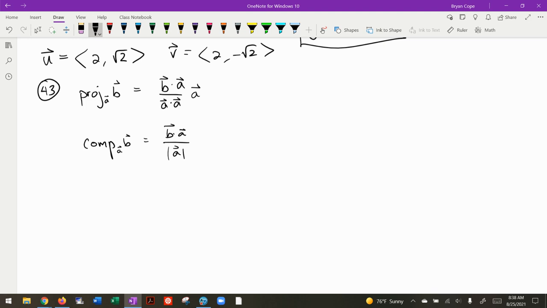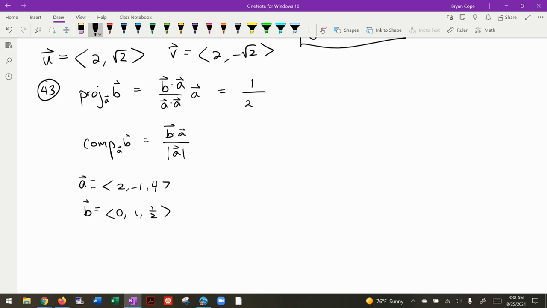All right, so in 43, vector A is 2, negative 1, 4, and vector B is 0, 1, 1/2. So our numerator here, B dot A, is negative 1 plus 2, which is 1, and A dot A is 4 plus 1, 5, 16, 21, I believe.